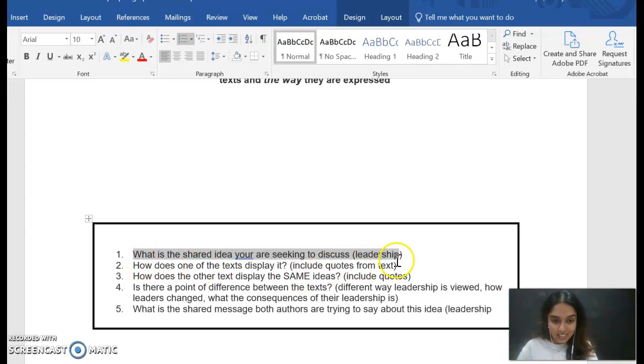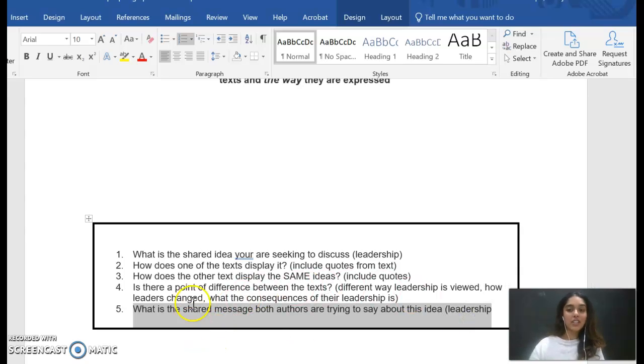After your topic sentence, you talk about how one text displays that idea. Then how does the second text do that? And or is there a point of difference? What is the difference now that you've done the similarities? Are there any differences? And then you reiterate the shared message again at the end.